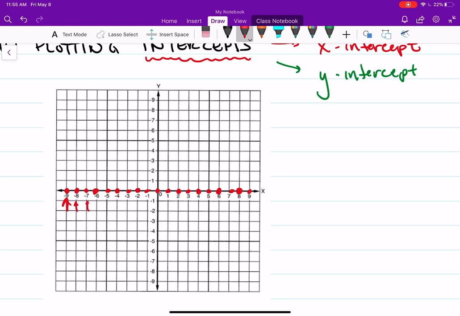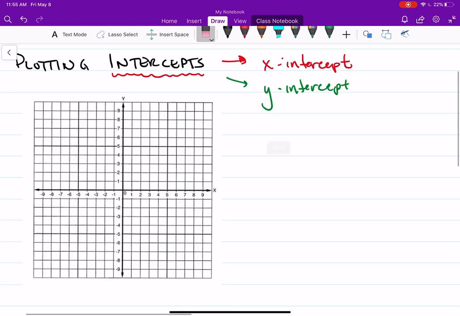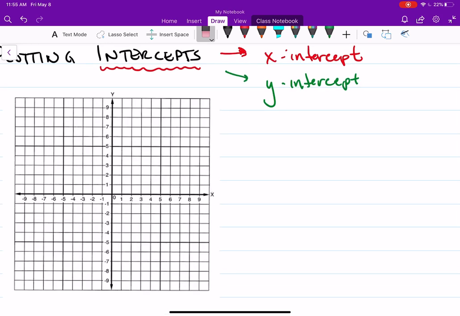Negative 8, 0, negative 7, 0, negative 6, 0, negative 5, 0, negative 4, 0. What stays the same? The 0 stays the same, right? It's the y value. So with x-intercepts, y is always going to equal 0.